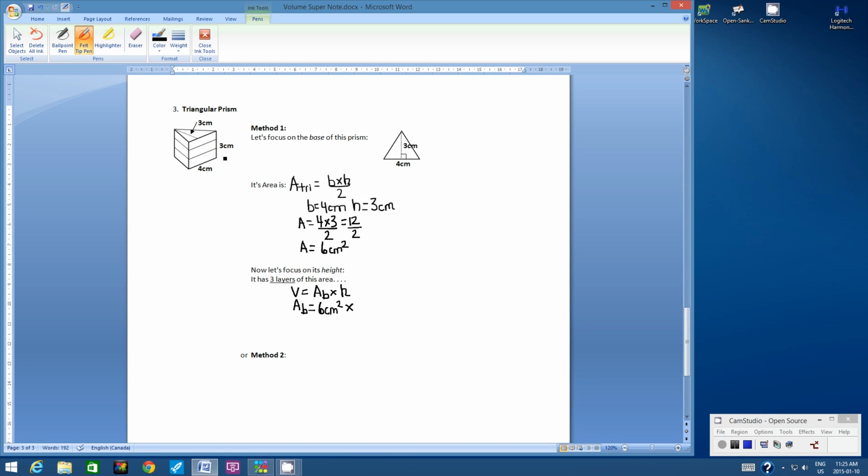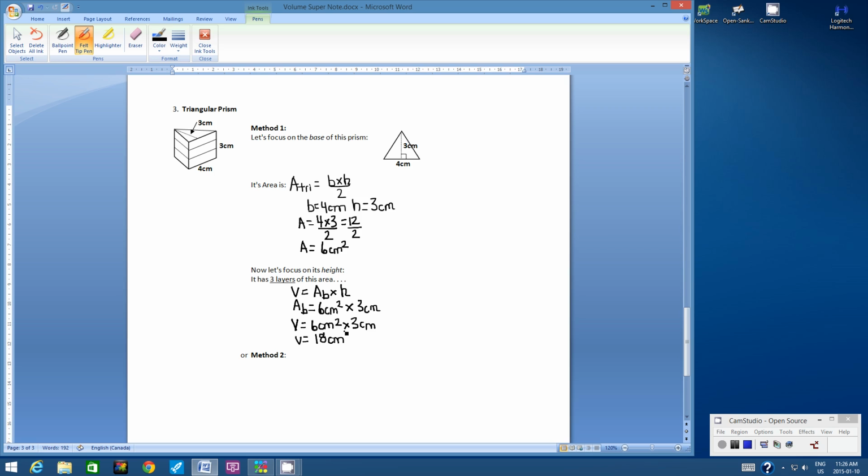There are 3 layers of that base layer. So that's 3 centimeters. Substitution line. Volume equals 6 centimeters squared, which is the area of the base, times 3 centimeters, which is the height of that prism. And then our calculation line, 6 times 3 is 18.